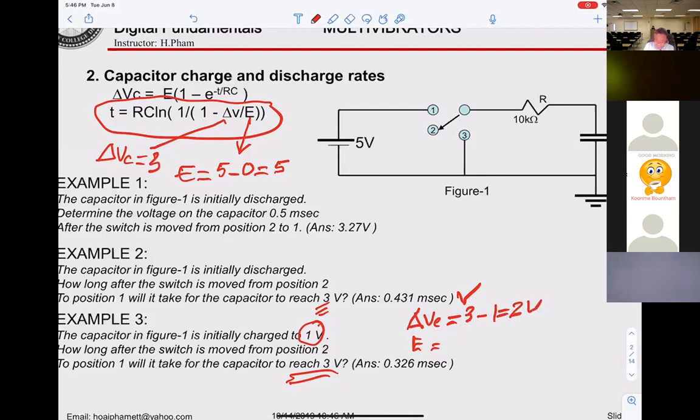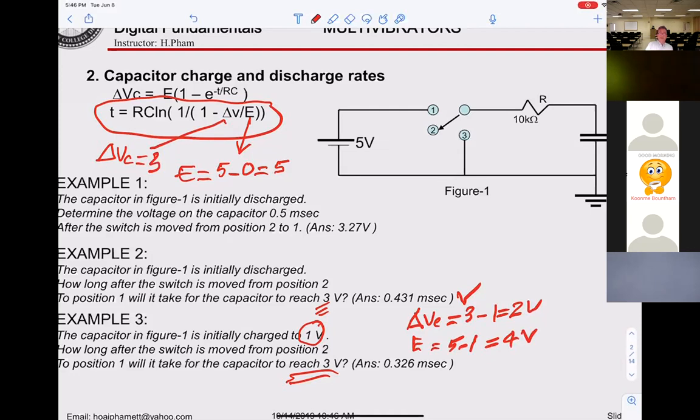And E means the difference between the initial voltage and the voltage it tries to reach. In this case, the voltage to reach is still 5 volt. However, initial is not 0. It is 1. So it will be 5 minus 1 equals 4 volt.